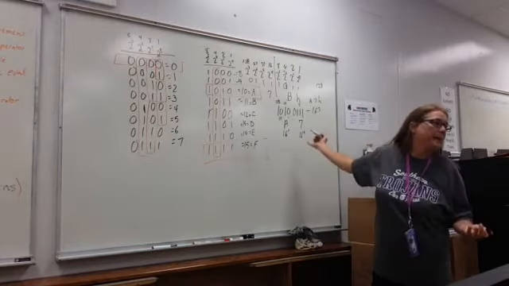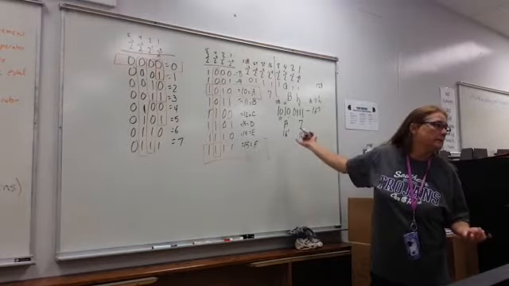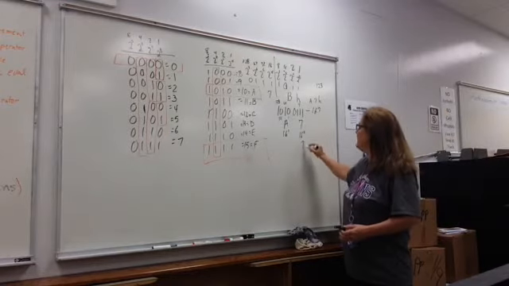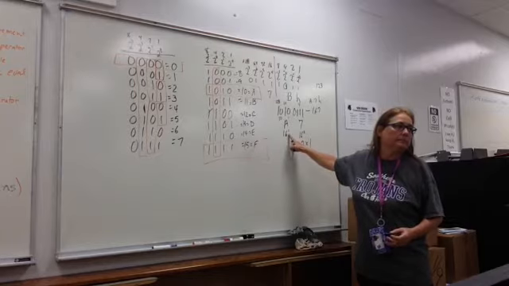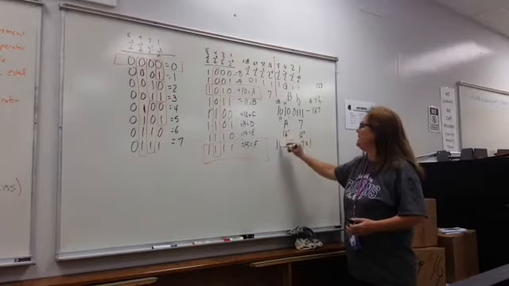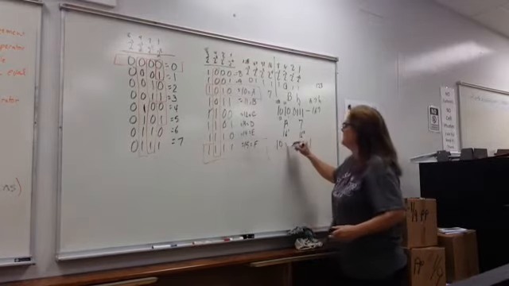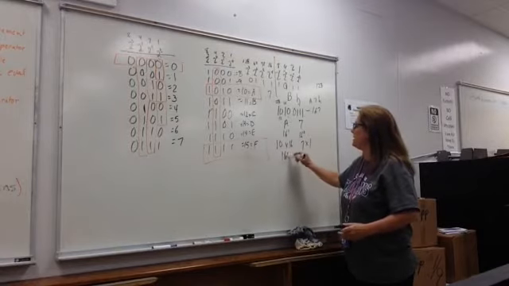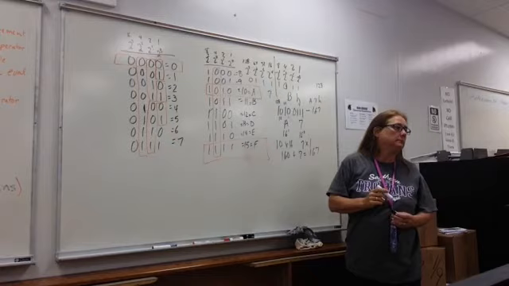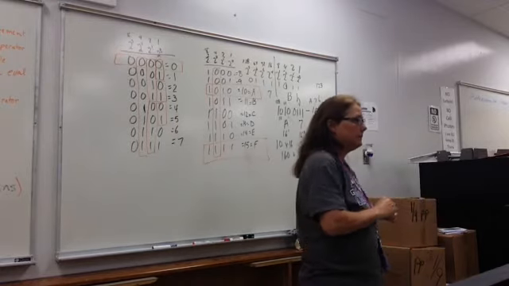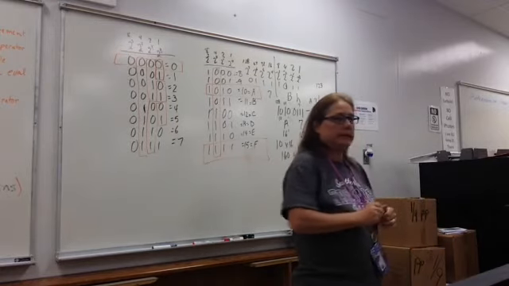Any number to the 0 power is 1. So this would be 7 times 1. And any number to the first power is itself. So this would be A, which is 10, times 16. So that's 160 plus 7, 167. Did you all see how I did that? That's really cool. All right. Thank you.